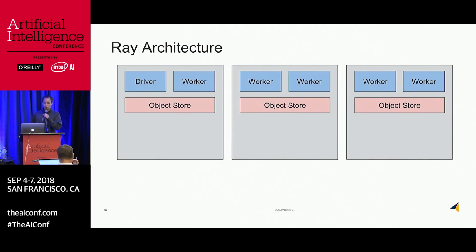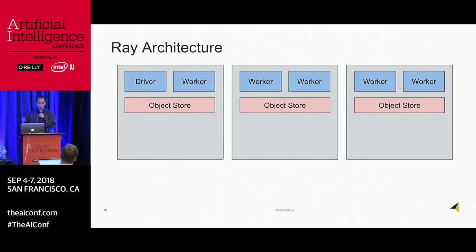Also, each node has an object store. This is a shared memory key value store, basically, which holds all the data. It is used for communication between all these processes. On modern clusters, we typically have nodes with 64 or maybe hundreds of cores, and so we will have lots of workers. It would be very expensive to replicate the data across these workers.